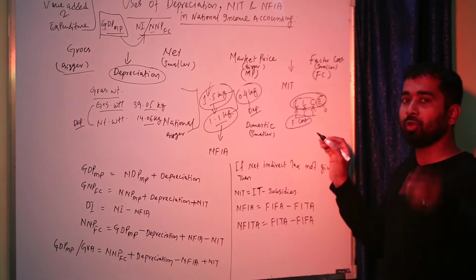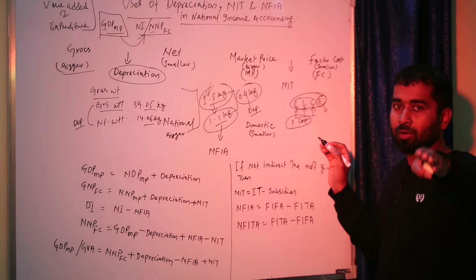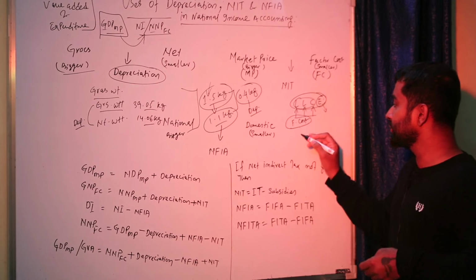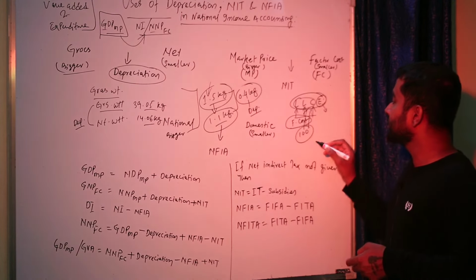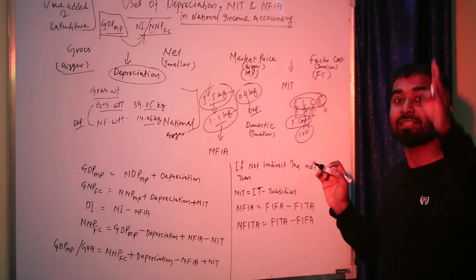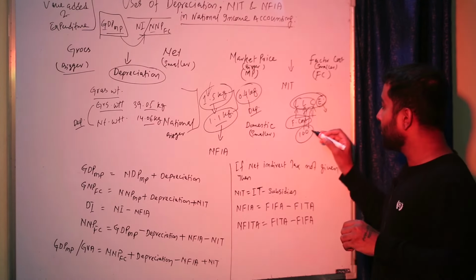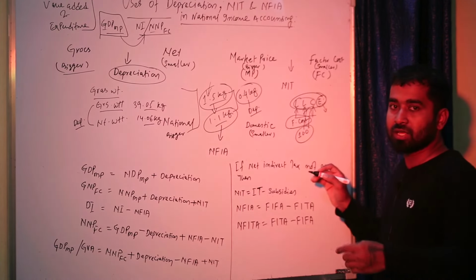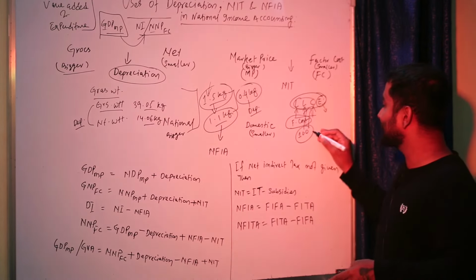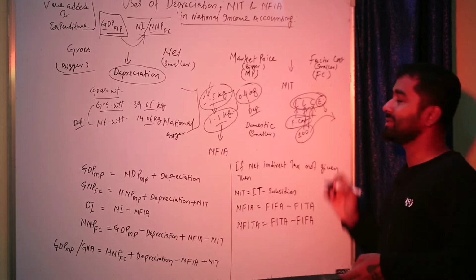Now if for producing any goods and services you pay, say, 100 rupees as payment for all those things, this is known as the factor cost. When you send the goods and services to the market, you are not charging exactly the same amount.